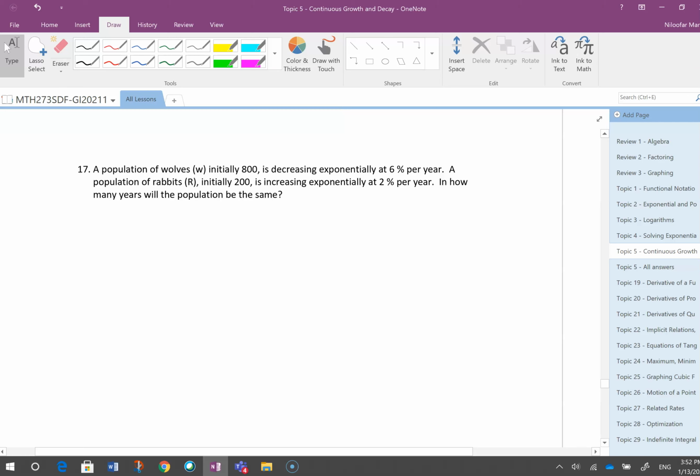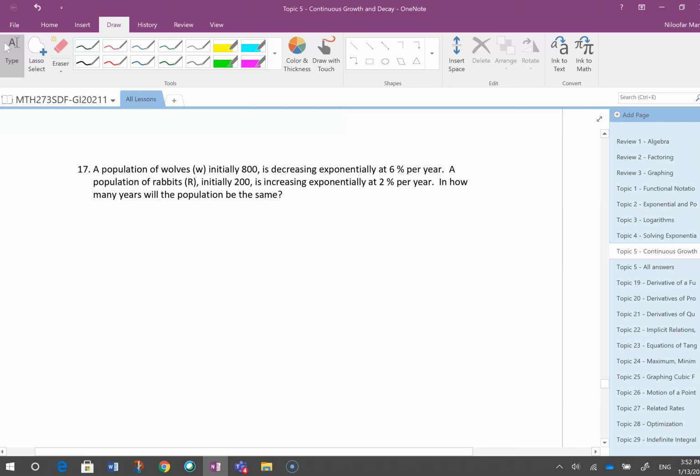First, I simplify. 800 divided by 200 is 4. So I cancel this and this and I say 4 e power minus this equals this. For these kinds of questions, you can do ln of both sides.